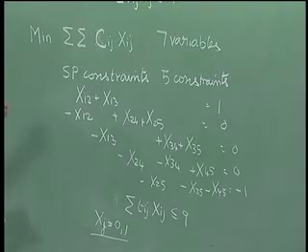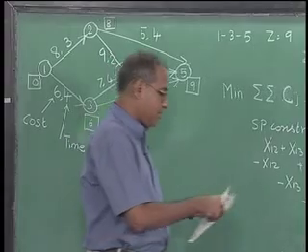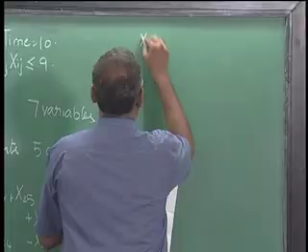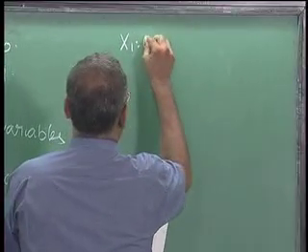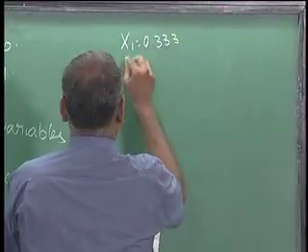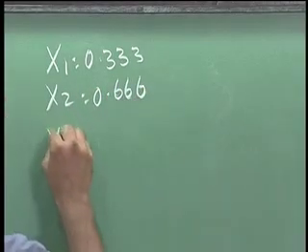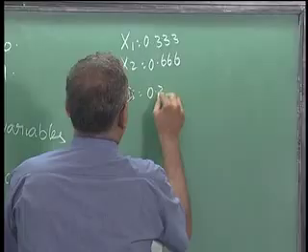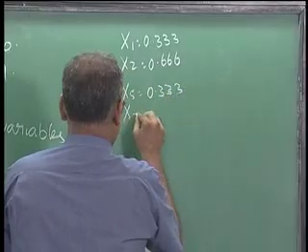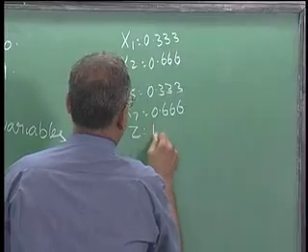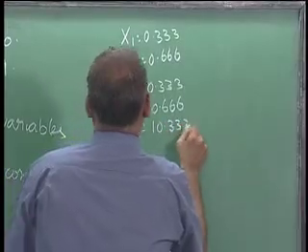So right now I am not going to take you through the simplex iterations, but I am just going to give you the solution corresponding to this linear programming problem, and that solution turns out to be x1 equal to 1 by 3 or 0.333, x2 equal to 0.666, x5 equal to 0.333, x7 equal to 0.666, and z is equal to 10.333.